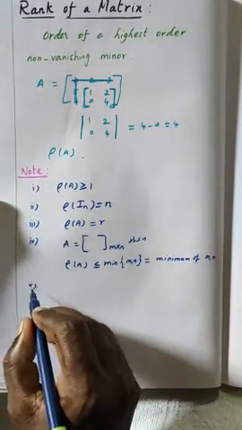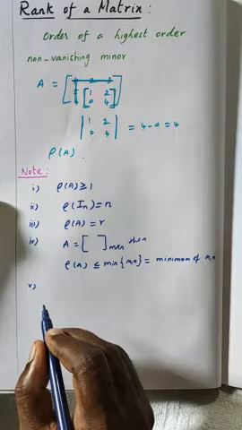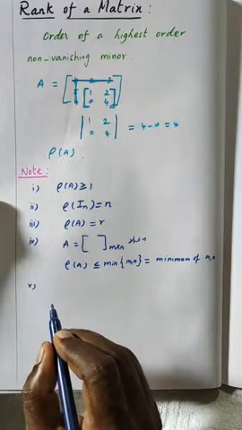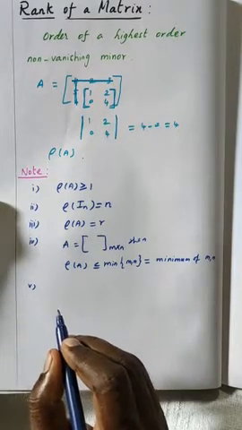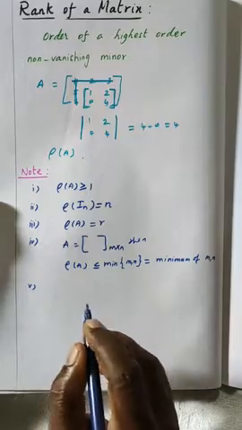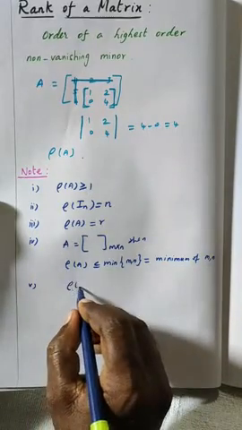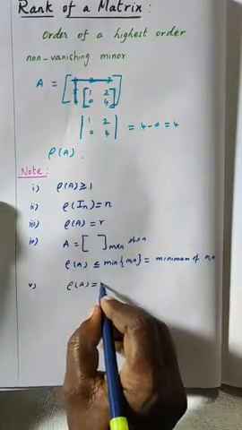The fifth one is, a square matrix A of order n has an inverse if and only if the rank of A is equal to n.